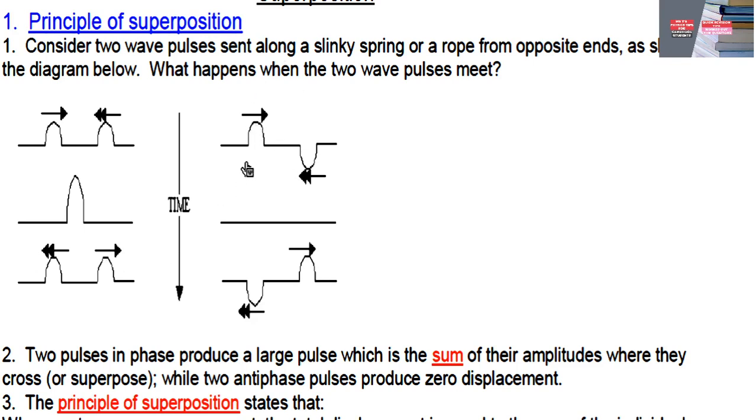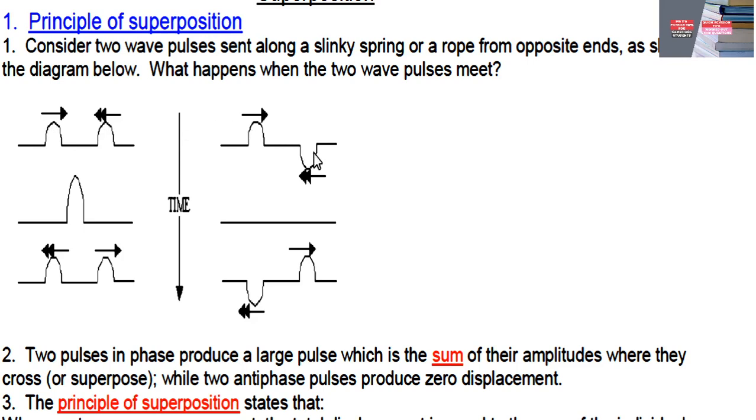Similarly, if you have these waves moving, and initially the two waves are 180 degrees out of phase with each other. The first ones were in phase, as you can see, crest meeting crest.